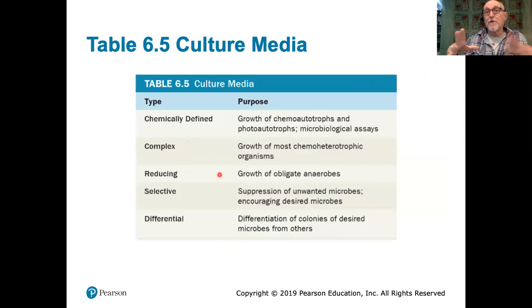Reducing media, deliberately created media that have low oxygen content, for growing anaerobes. Selective media, where we suppress unwanted microbes and encourage the ones that we're interested in. And then differential media, those which produce colonies where we can easily see differences in metabolic reaction.